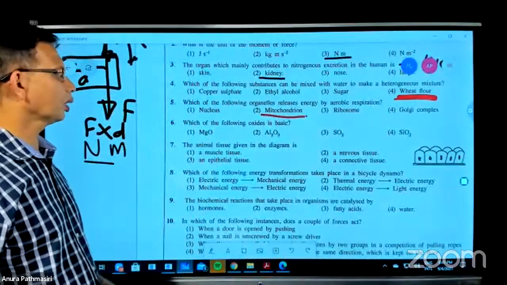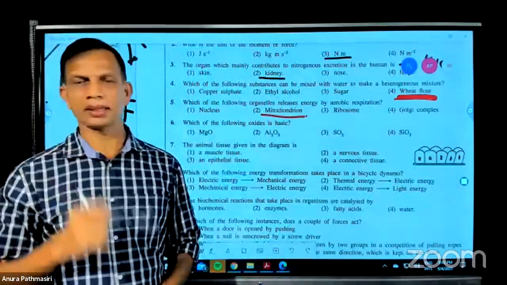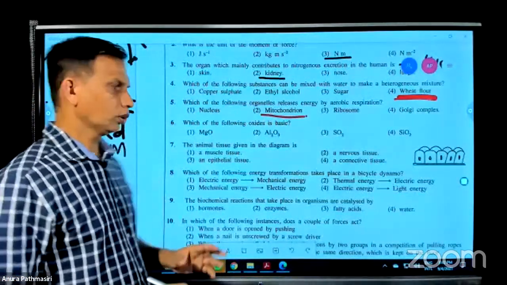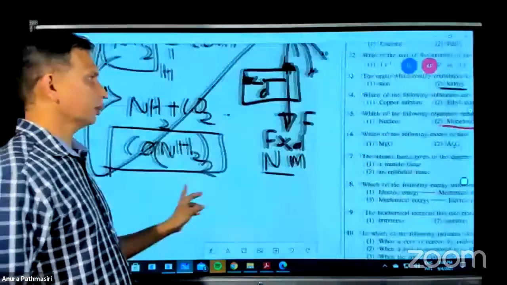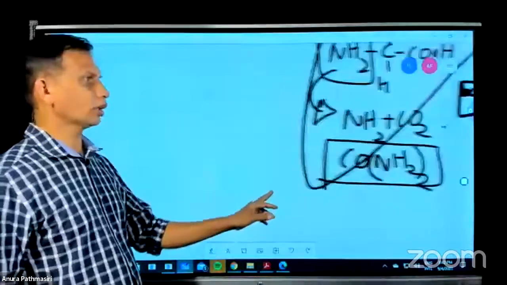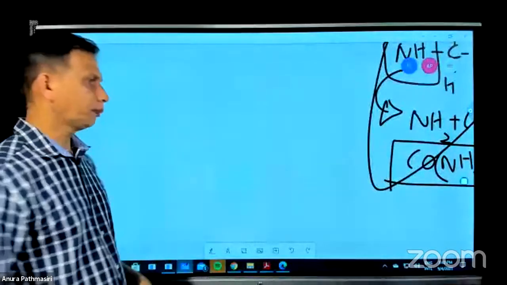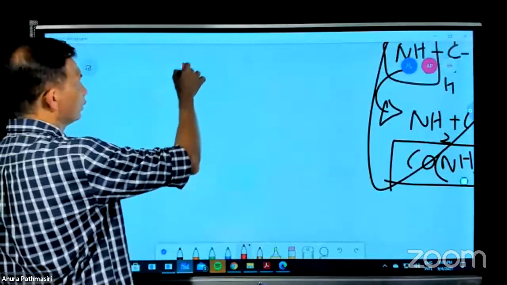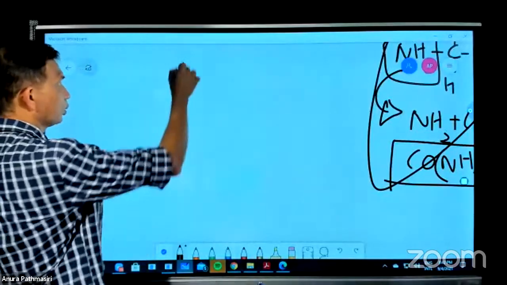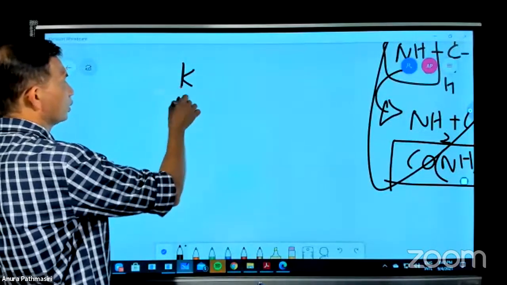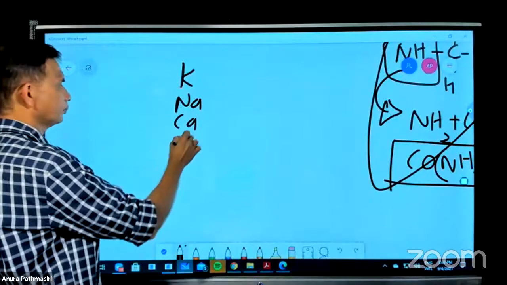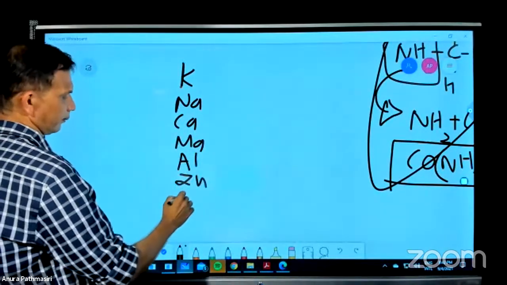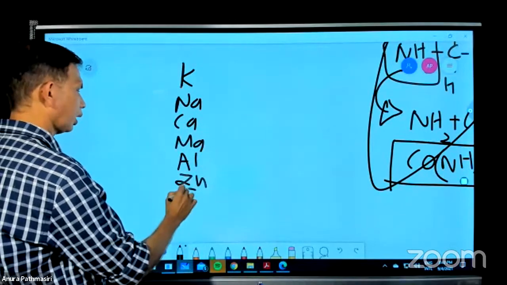Which of the following oxide is basic? You know, when we think of the basic oxides, the basic oxides are given by the metallic oxides. Potassium, sodium, calcium, magnesium, aluminium, zinc, and iron.